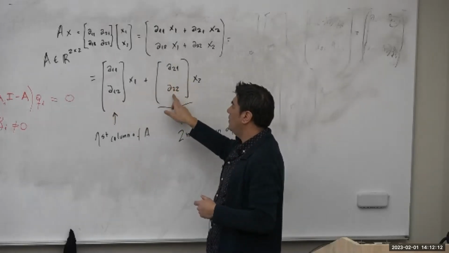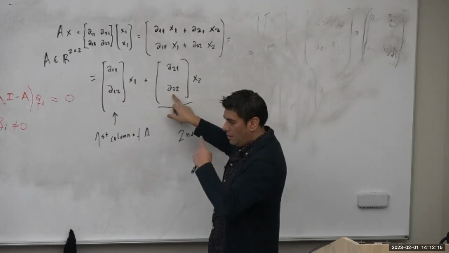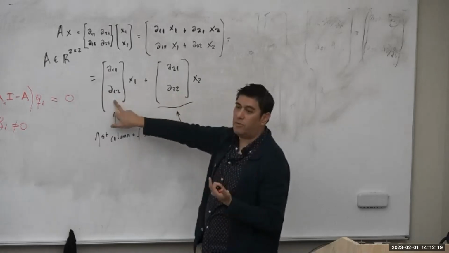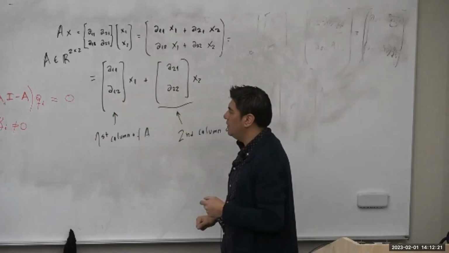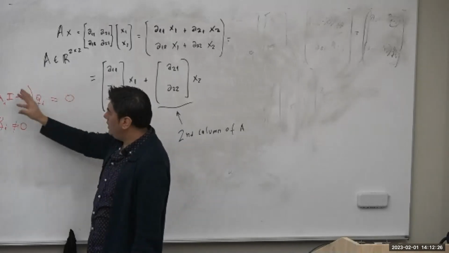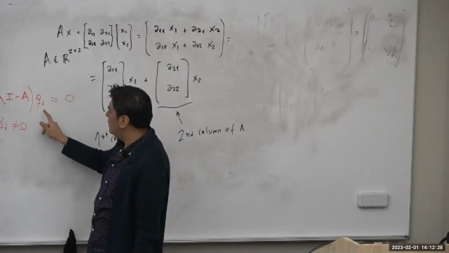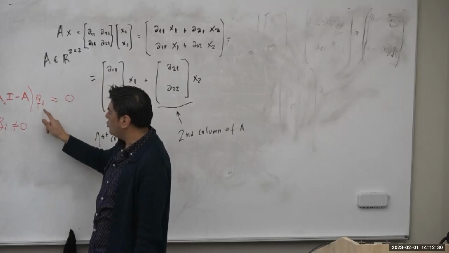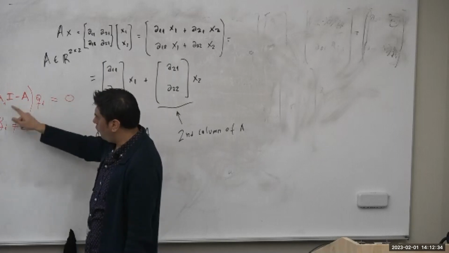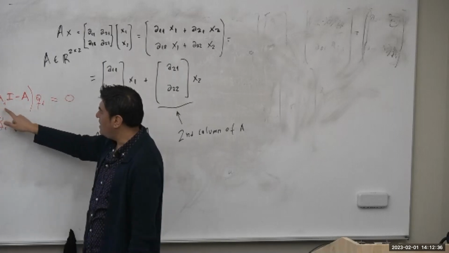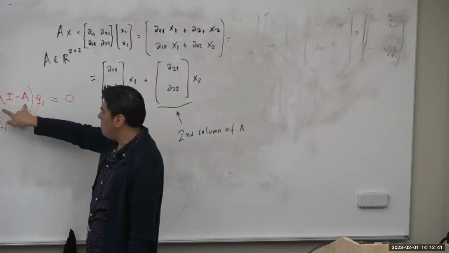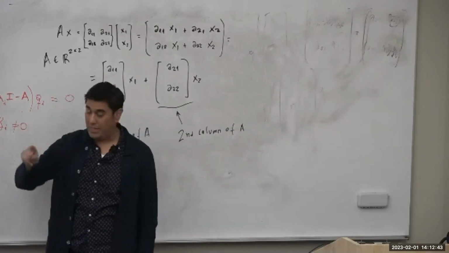The second column is just some scaled version of the first column. That's linear dependence. That is exactly what we're getting here. So to find this singular direction, which is the eigenvector, we need to enforce that this matrix, lambda I multiplied by the identity minus A, must be linearly dependent.